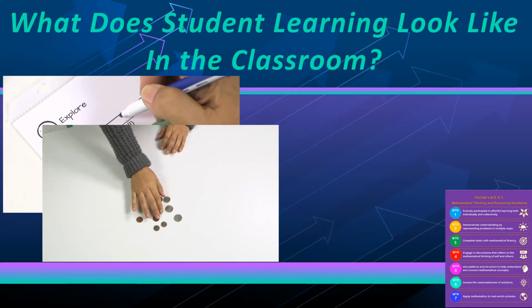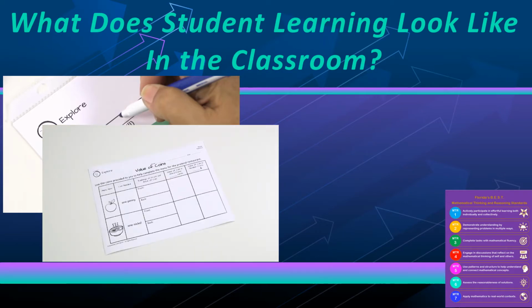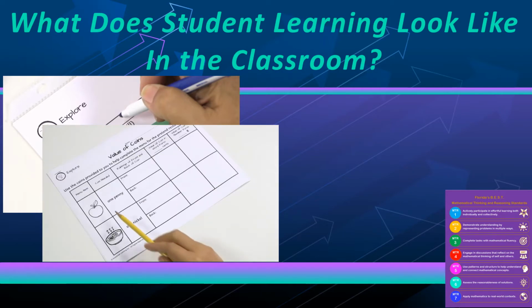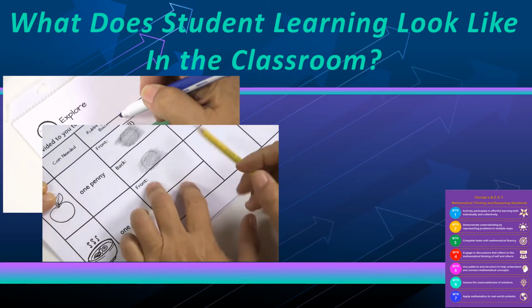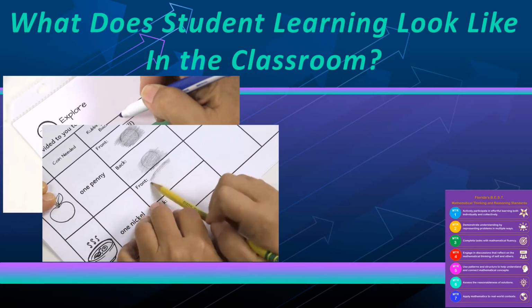In the second Explore, students will be working to identify the value of each coin, and then they will represent the value with a numeral and the cent symbol. Students will complete coin rubbings and label each coin by its name and by its value.